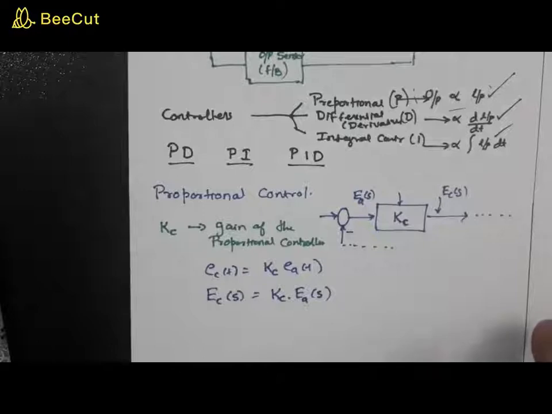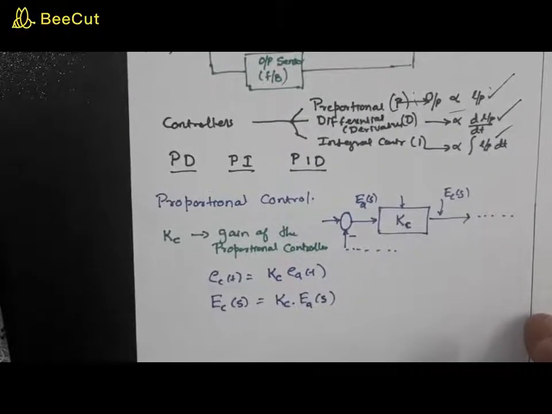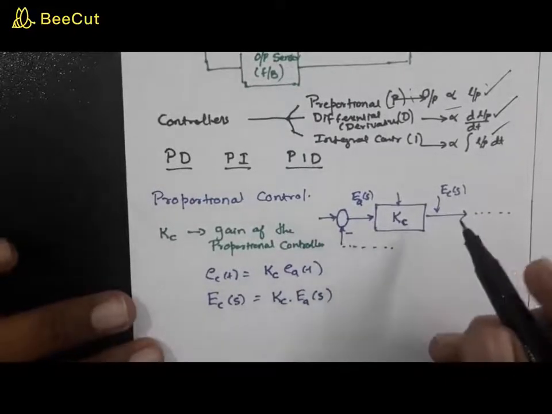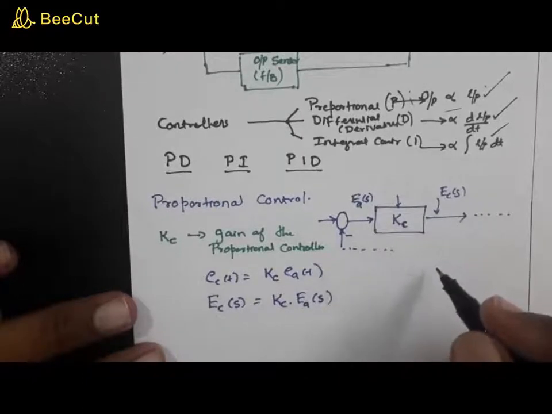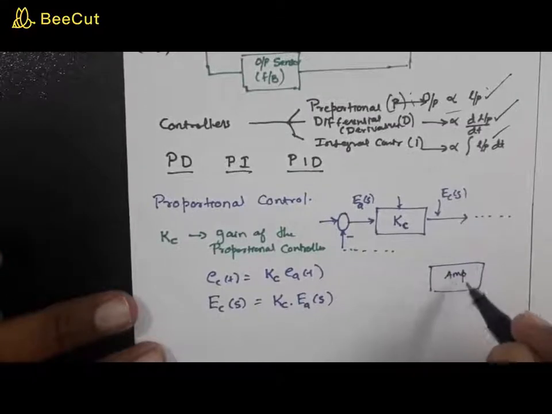Kc is the gain of the proportional controller, and in a true sense, you can consider this proportional controller as an amplifier with an adjustable gain.